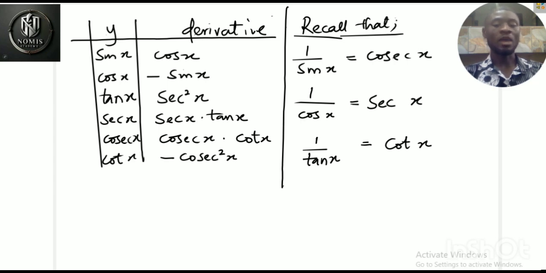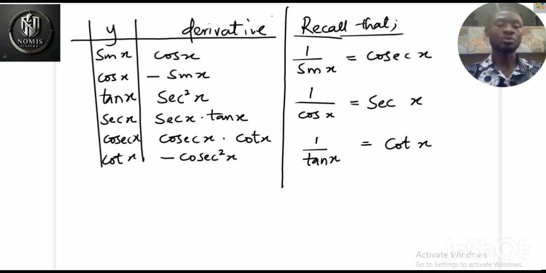If y is sec x, the derivative is sec x multiplying tan x. If y is cosec x, the derivative is minus cosec x multiplied by cot x. If y is cot x, the derivative is minus cosec squared x. Picture this and save it in your memory.